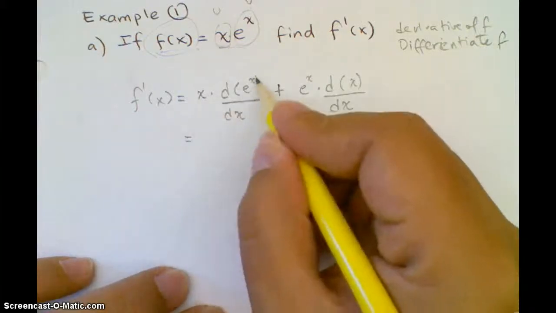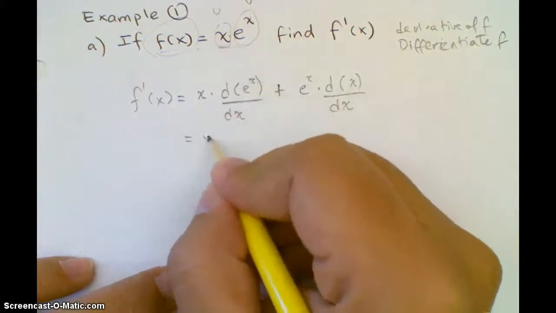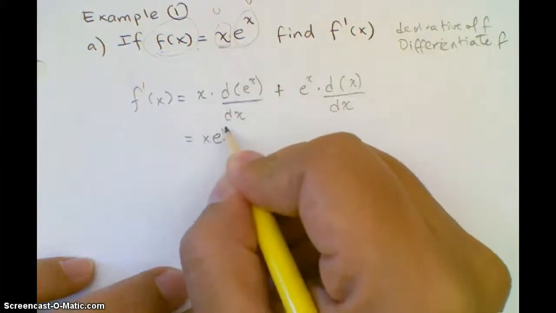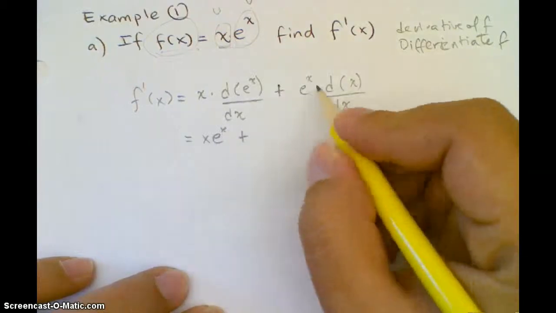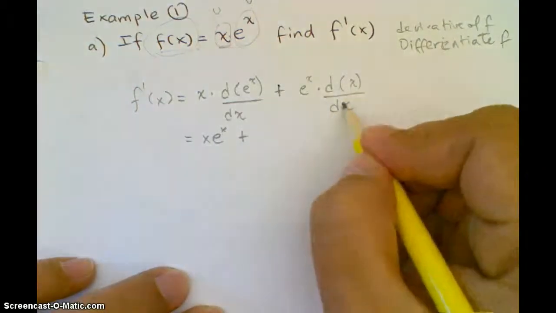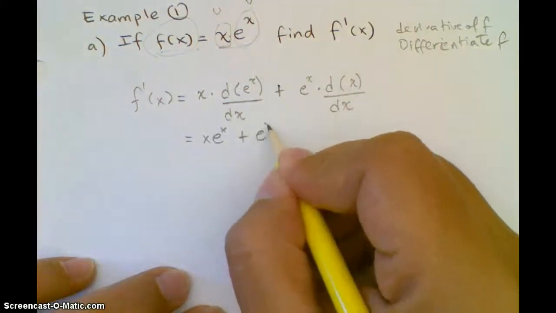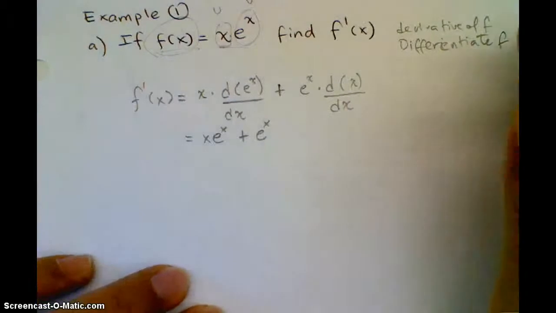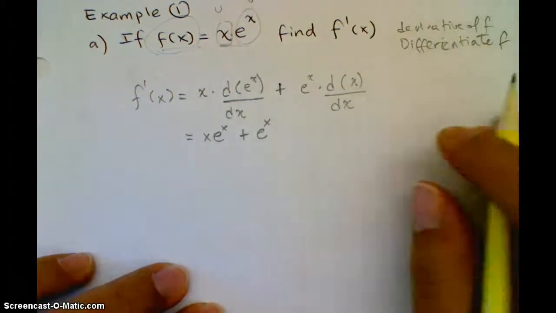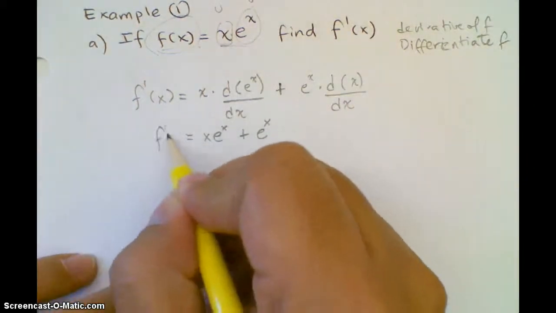The derivative of e to the x, we've seen that is e to the x, so this is x e to the x, plus the derivative of x with respect to x is 1, so this is just simply e to the x. And ta-da! We found f prime of x.